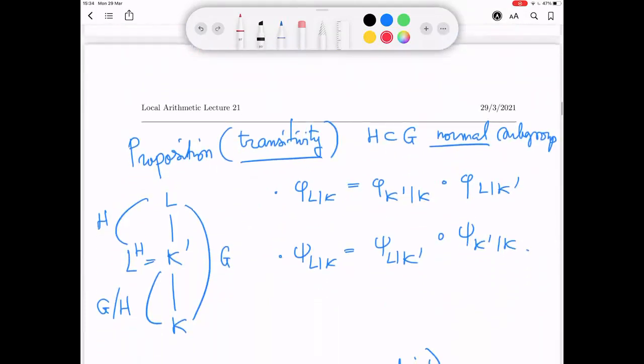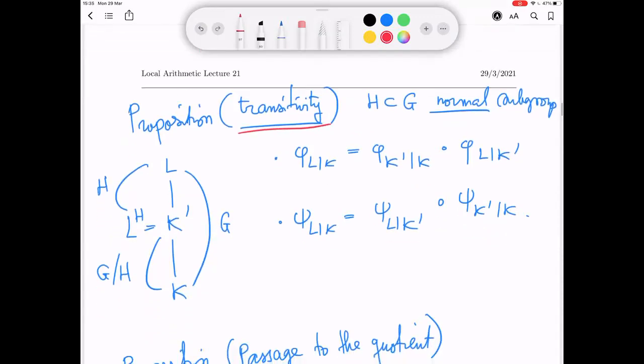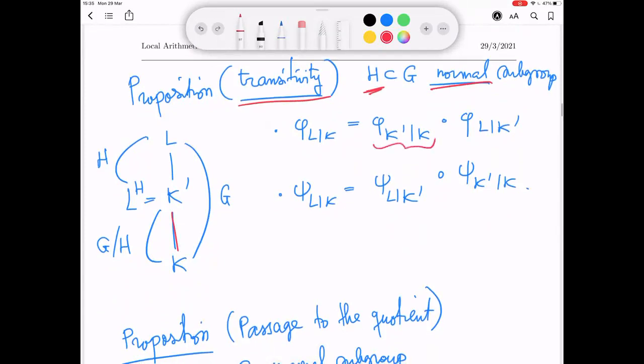And these functions phi and psi have one important property, which is transitivity. It means that if I have a normal subgroup H of G, so that this extension is also Galois, and therefore I can define phi for k prime over k.